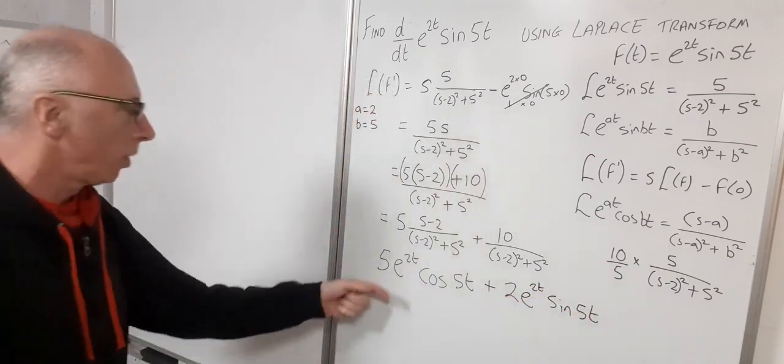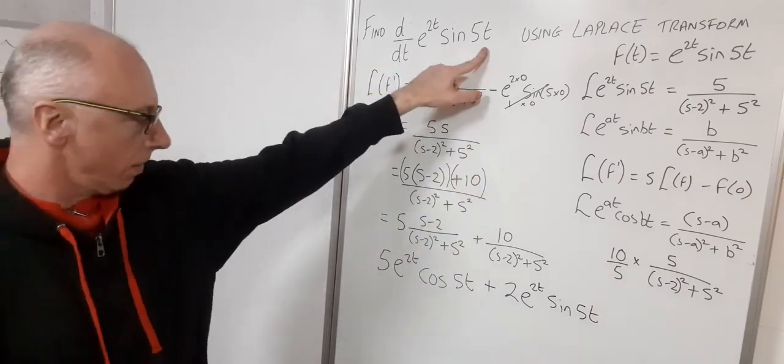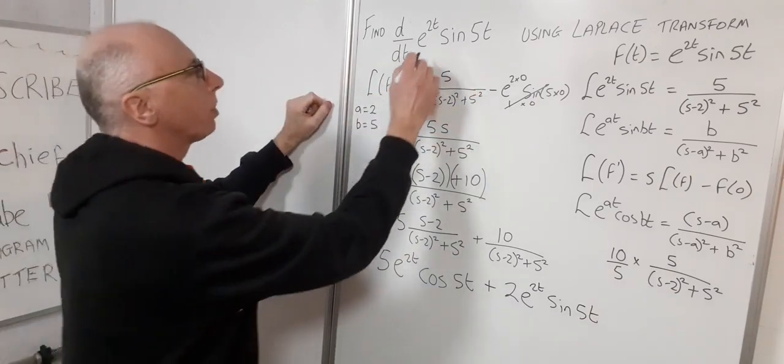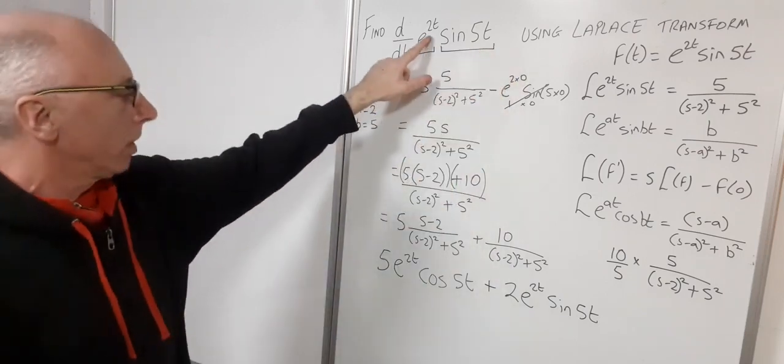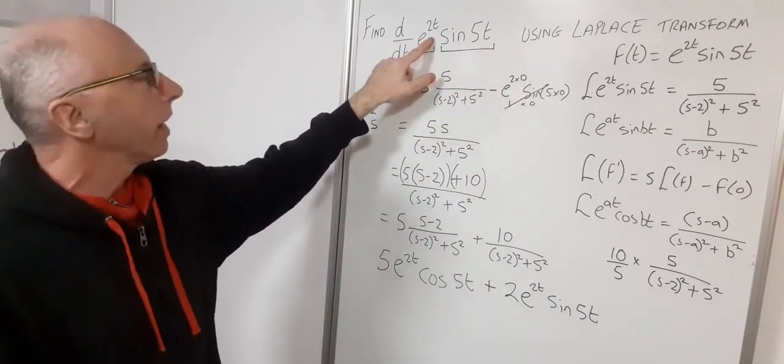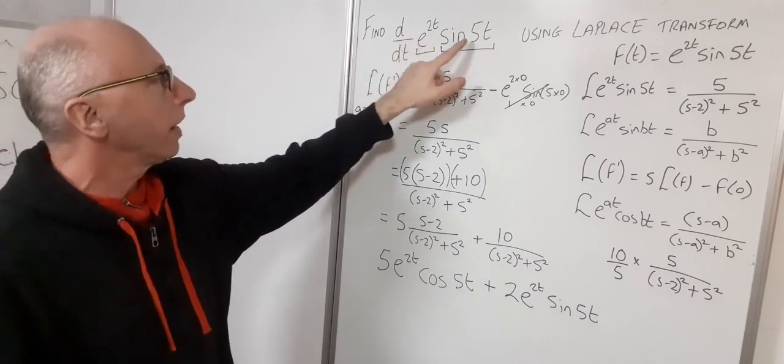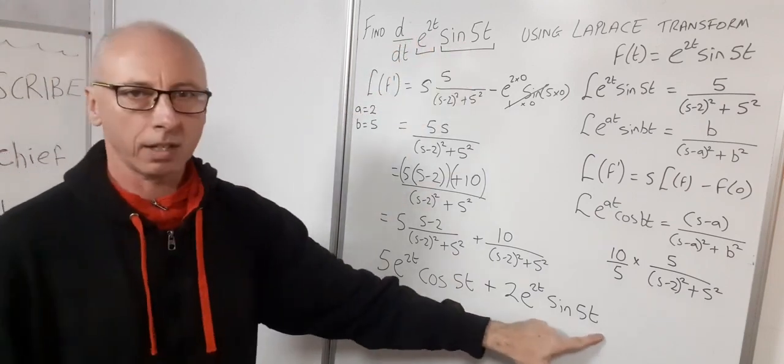Okay, now would that be the derivative of this? Well, using the product rule, I've got to break this apart. The derivative of e to the 2t is 2e to the 2t and then sine 5t. Check, that's all good.